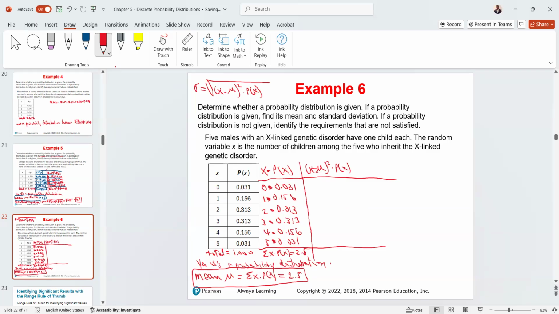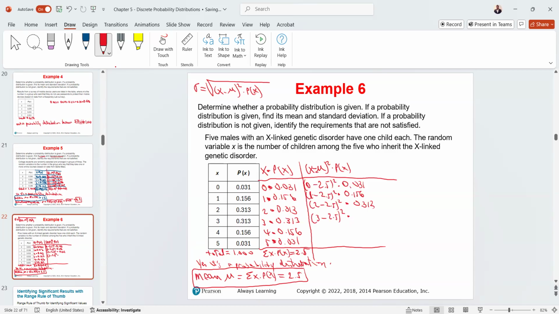So meaning x is 0 minus 2.5 power 2 times 0.031, 1 minus 2.5 squared times 0.156, 2 minus 2.5 squared times 0.313, 3 minus 2.5. You see, I always subtract the mean from the random variable x.